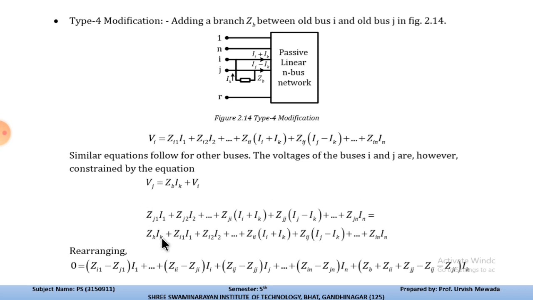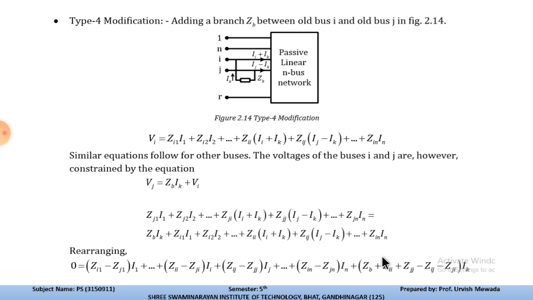Then after the link which is added, that is Zb, the j is replaced with the b over here, so Zb into ik plus Zi1 into I1, plus Zi2 into I2, up to Zii times (Ii plus ik), and Zij times (Ij minus ik), plus up to Zin In. So this is the impedance that we have added of this respective link.